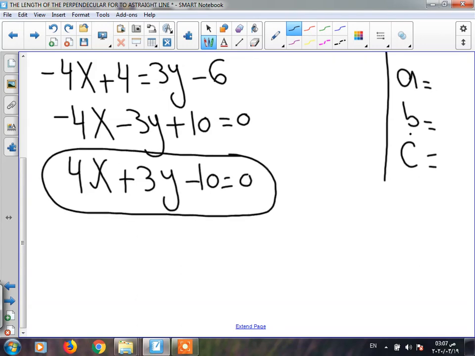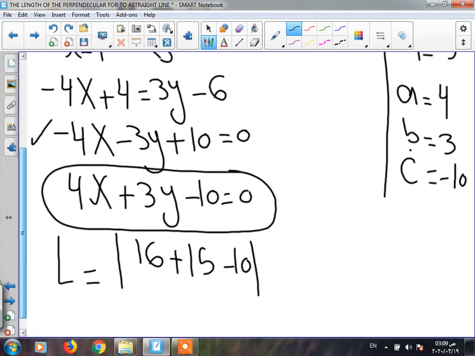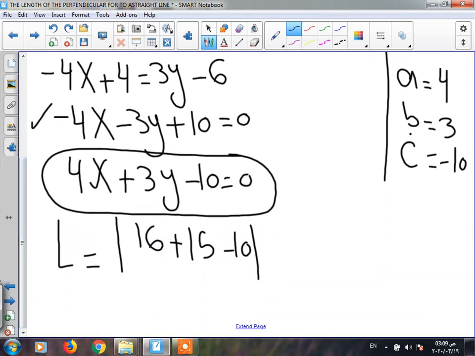So this is our equation. If we deal with this equation, it will be right. Now A will be 4, B will be 3, and C will be negative 10. Let's find the length. It will be the absolute value of A x1, 4 times 4, plus B y1, 3 times 5, plus C, minus 10, over the square root of A to the power of 2 plus B to the power of 2, which is 4 squared plus 3 squared.